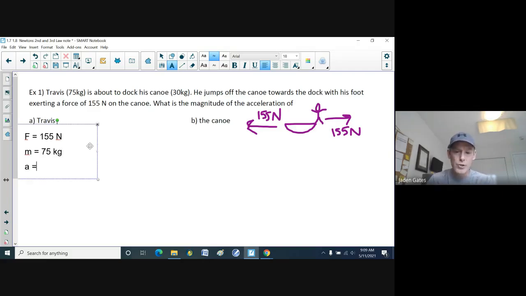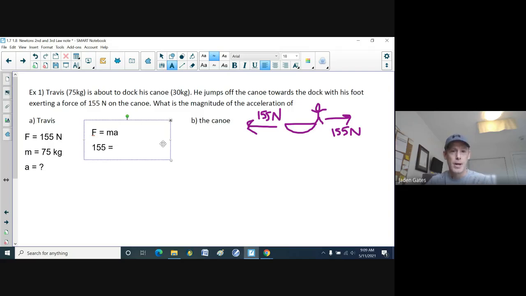Using Newton's second law, we can see how these laws tie together and find the acceleration of Travis. I'm going to use that second law that we just went through, F equals ma. The force is 155 newtons. We know the mass this time of Travis, which is 75, and we're looking for the acceleration.